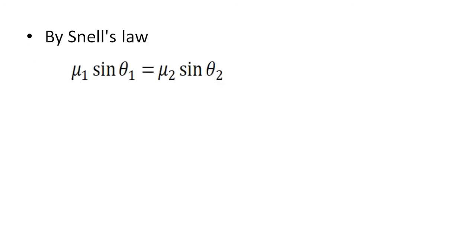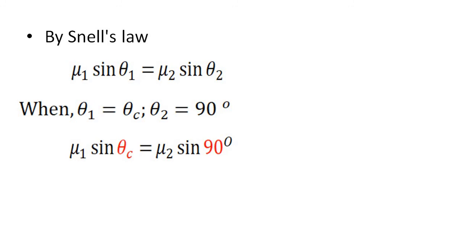According to Snell's law, we can write mu1 sin theta1 equal to mu2 sin theta2. When the angle of incidence theta1 equals the critical angle theta c, theta2 is equal to 90 degrees. You can substitute this value in the above equation. That is, mu1 sin theta c equal to mu2 sin 90.